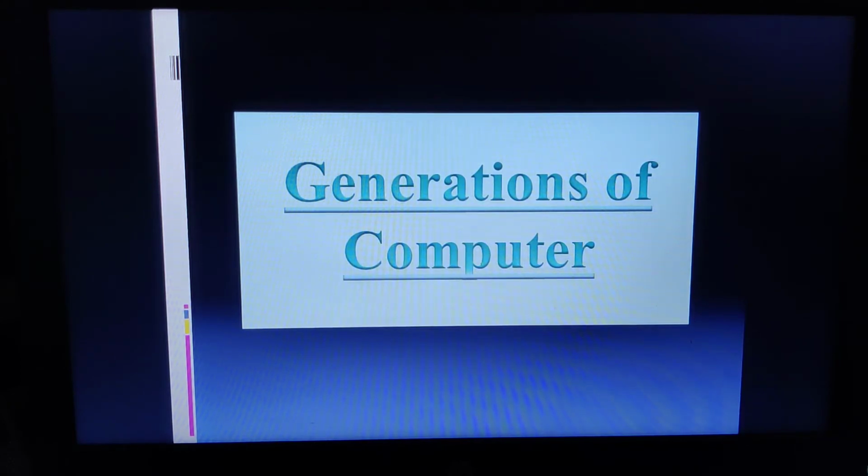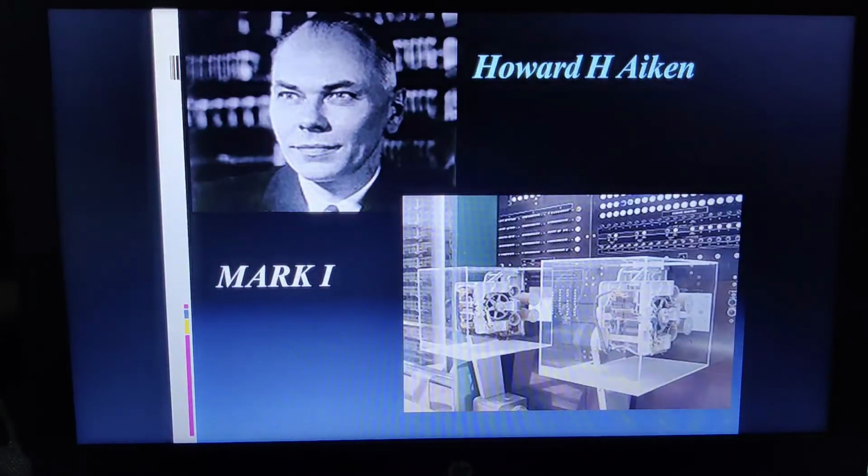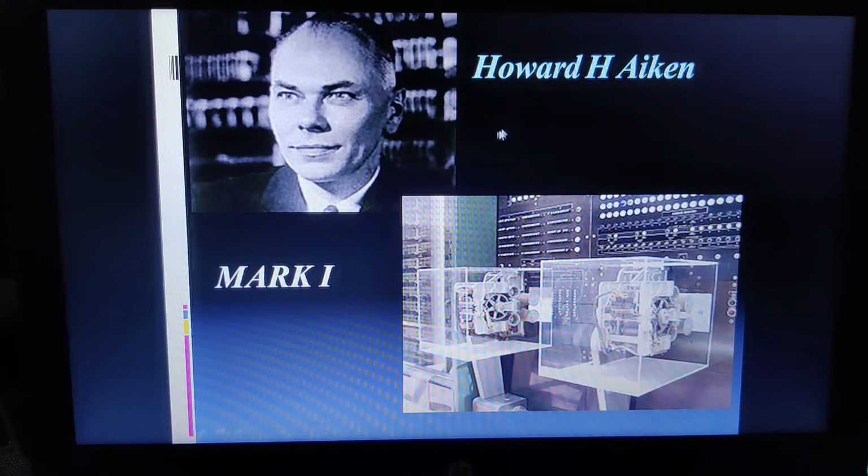In the first generation of computers, an American known as Howard H. Aiken developed an electronic calculator for the US Navy called Mark I. He was an engineer who had been working with the IBM company.